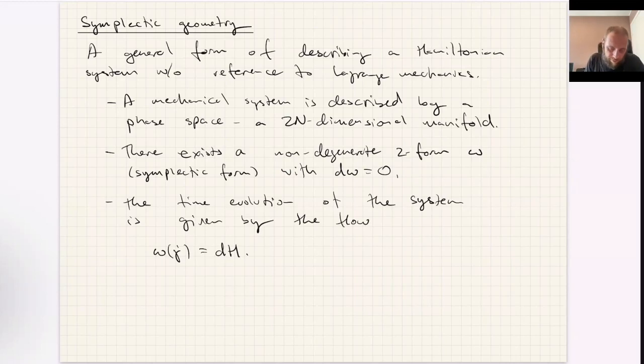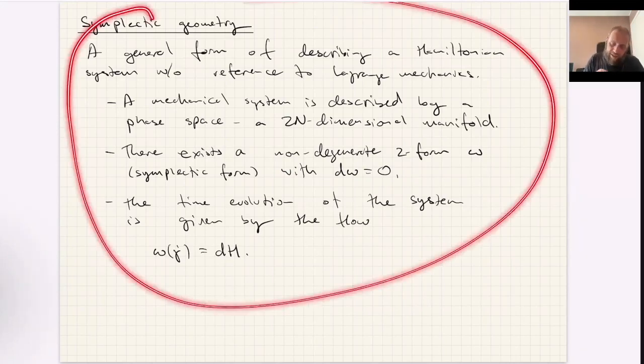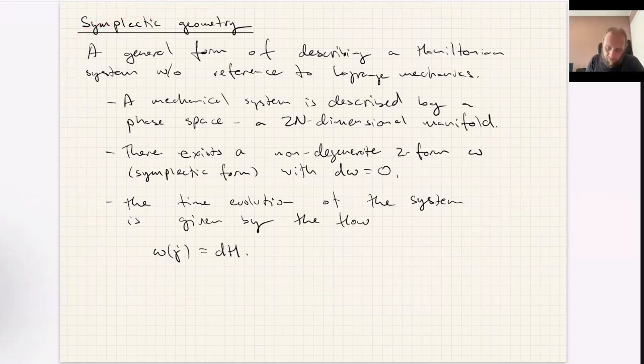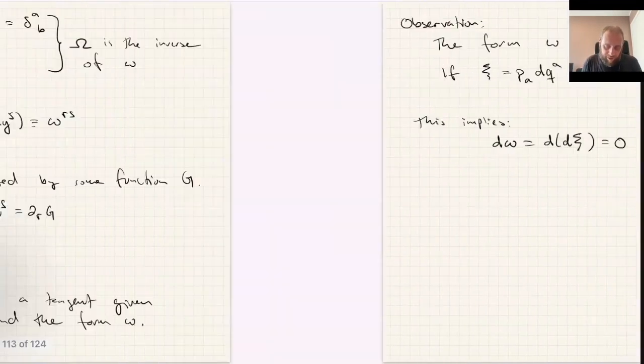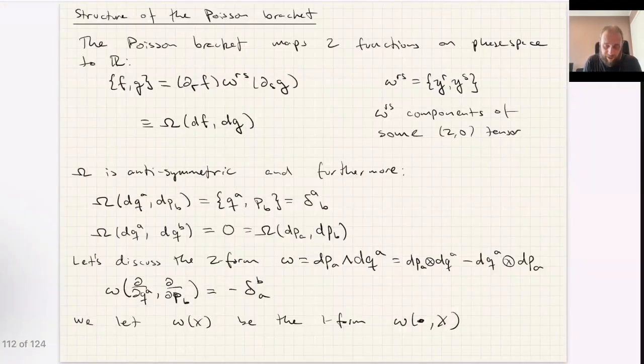But these requirements essentially summarize everything that there is to know about the system in Hamiltonian mechanics. So what we just saw is that these things apply essentially to all of the things that happen in Hamiltonian mechanics.